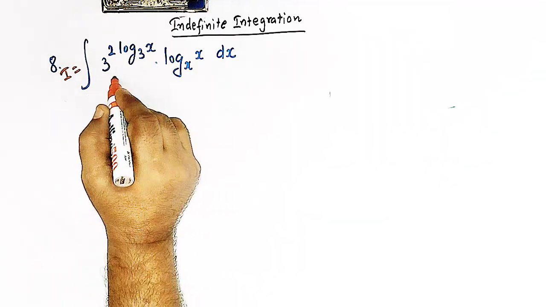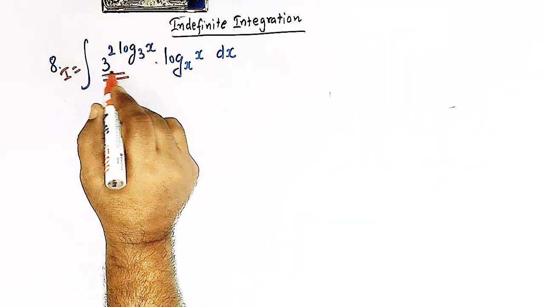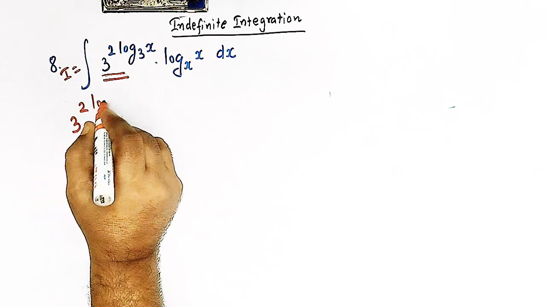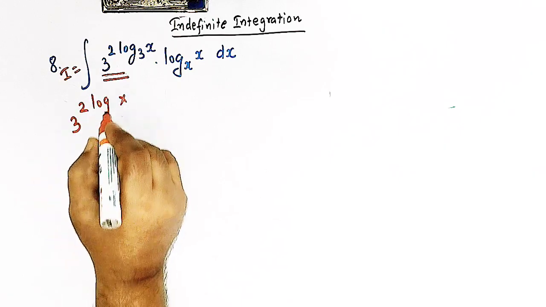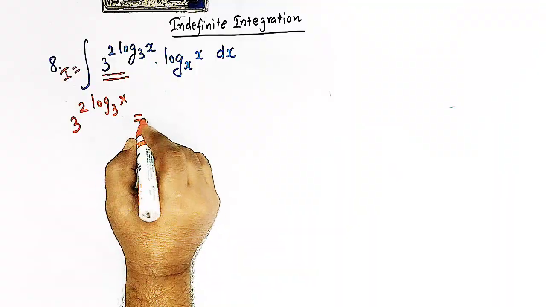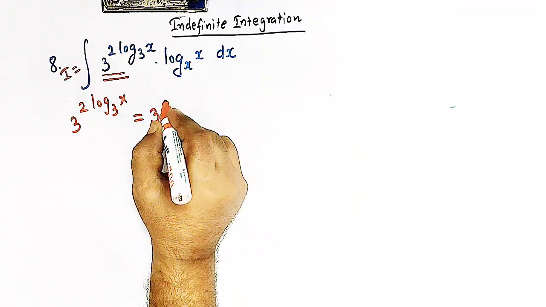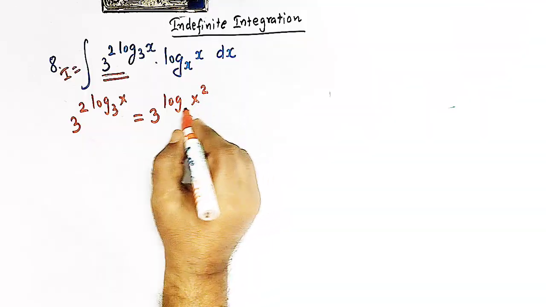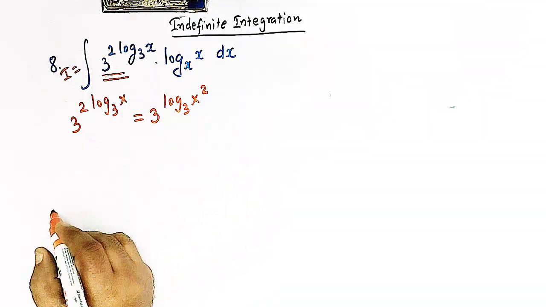Let us first see this term. 3 raised to 2 times logarithm of x to the base 3 can be written as 3 raised to logarithm of x square to the base 3.